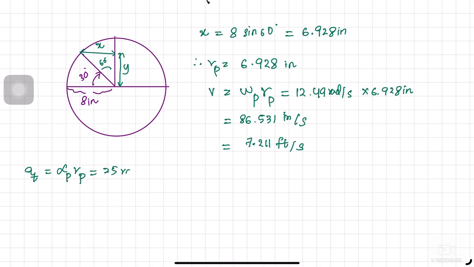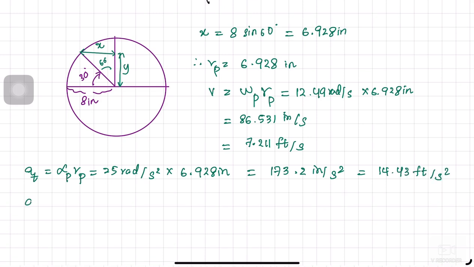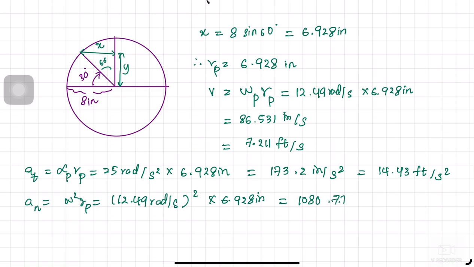Alpha P is 25 radian per second squared, and RP is 6.928 inch, and that's equal to 173.2 inch per second squared, which is 14.43 feet per second squared. And for normal acceleration, it's omega squared times RP, so 12.49 radian per second the whole squared times 6.928 inch, which is equal to 1080.77 inch per second squared, or 19.06 feet per second squared.